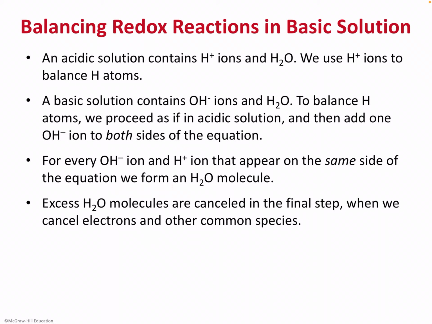Okay, so we perform the reaction balancing as if we are doing it for the acidic solution, and then we add hydroxide ions to both sides, and then with OH minus and H plus we make water molecules. I'll show you with an example what this process is. Excess water molecules are cancelled in the final step when we cancel electrons and other common species.